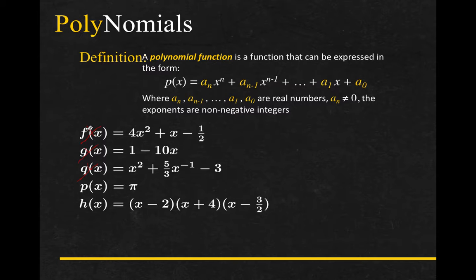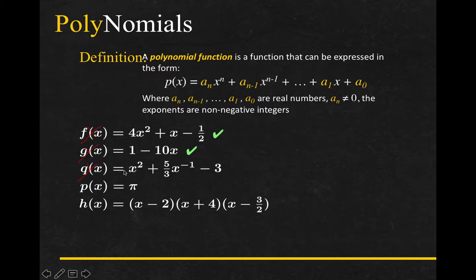If you're looking at f of x equals 4x squared plus x minus a half, we can see that this is a polynomial function because all the exponents are positive integers. This is a 2, this is a 1, and this one doesn't have one. So this is a polynomial function. This one, y equals 1 minus 10x, is also a polynomial function because, again, the exponents are all positive.